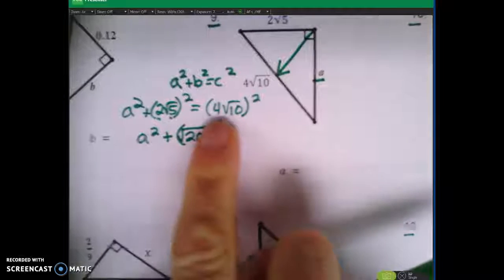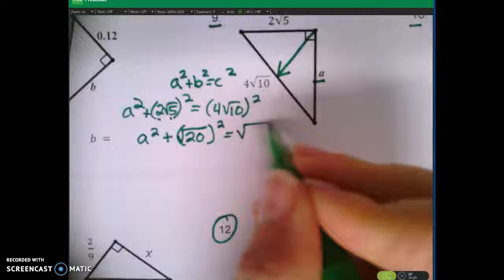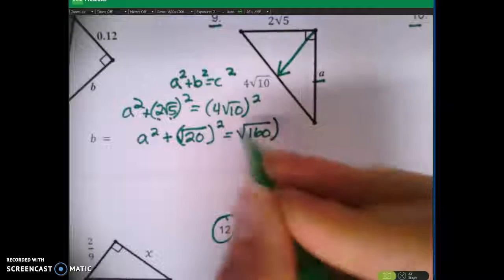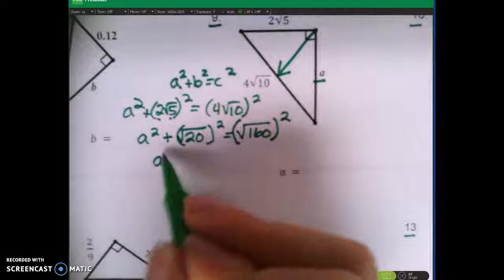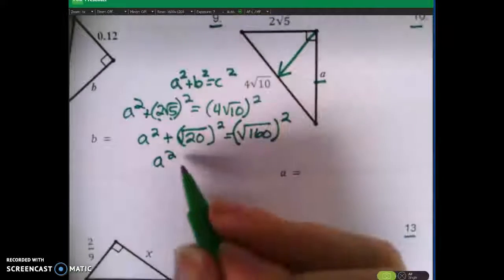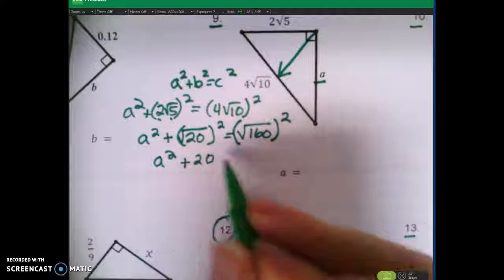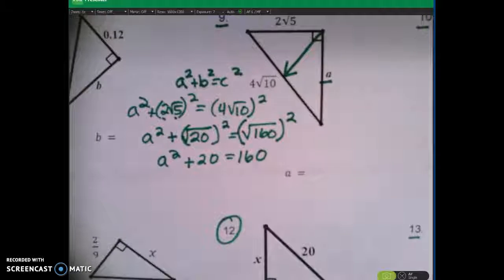Equals, to bring the 4 back inside, I have to square it. 4 squared is 16, and 16 times 10 is 160. Remember, squaring and square roots undo each other, so this is a squared plus 20 equals 160. Well, that looks a lot easier to solve.